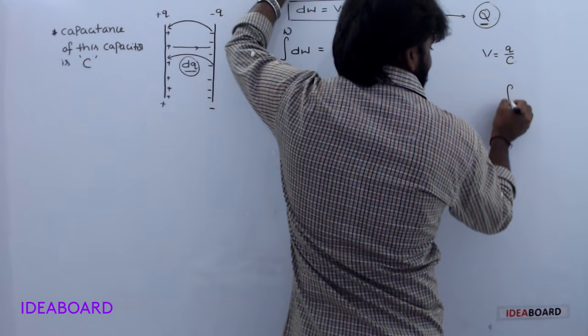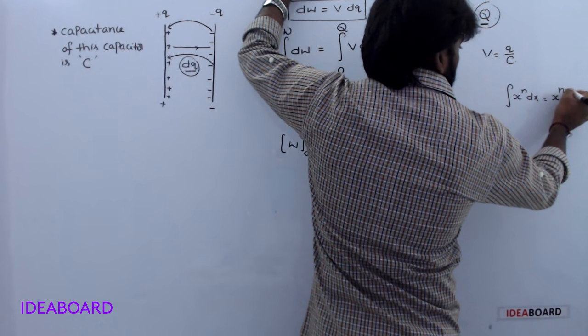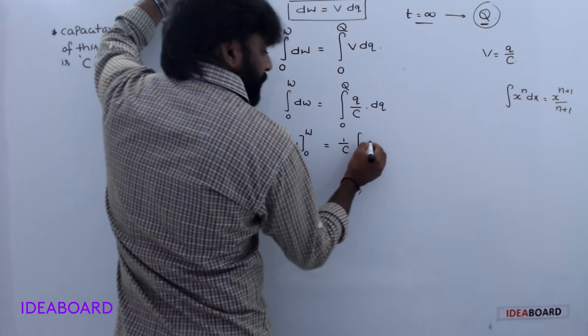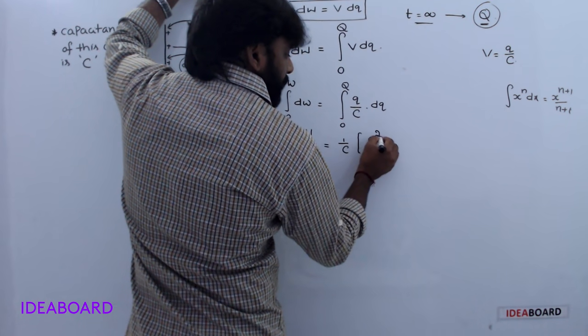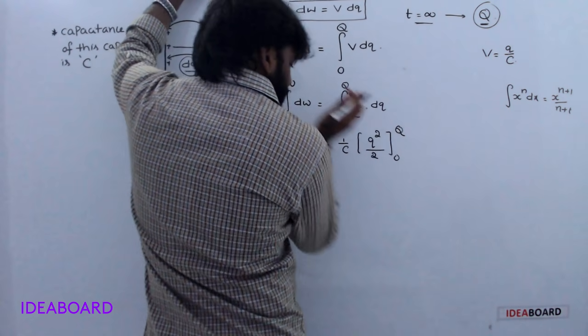You know, integrating x power n dx is equal to x power n plus 1 by n plus 1. Like that, q dq, q power 1 plus 1, 2 by 1 plus 1, 2, 0 to q.